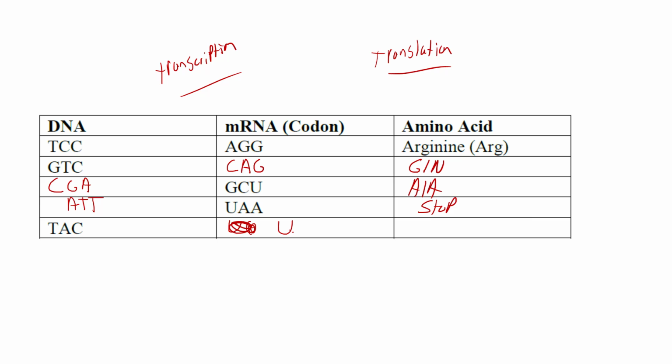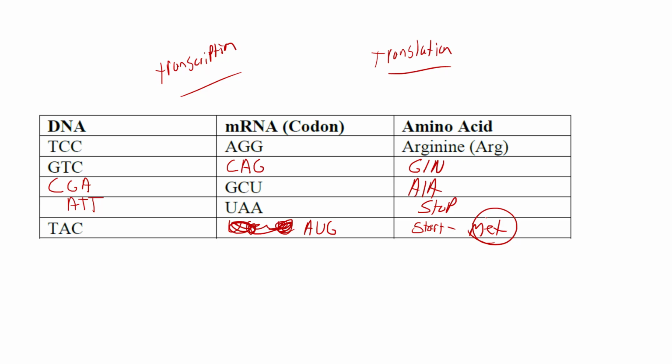Let's see here. Why am I having such a hard time? It's okay to have a hard time sometimes. All right. TAC. T is complementary to A. There we go, AUG. And AUG is a start codon, and the amino acid methionine is coded for, MET. Okay? All right. So that's how you do the table.